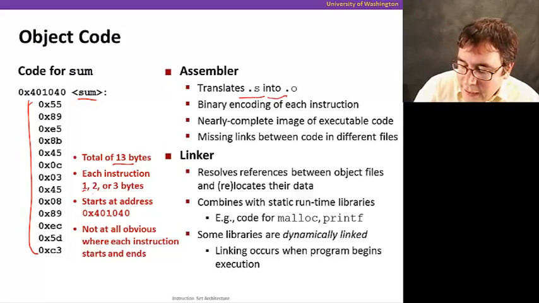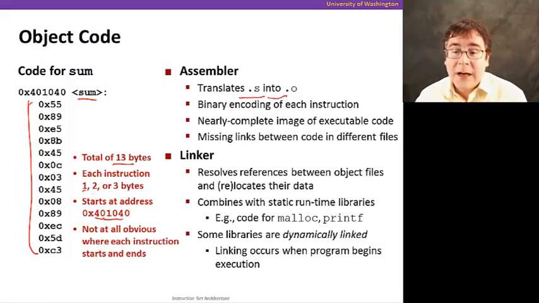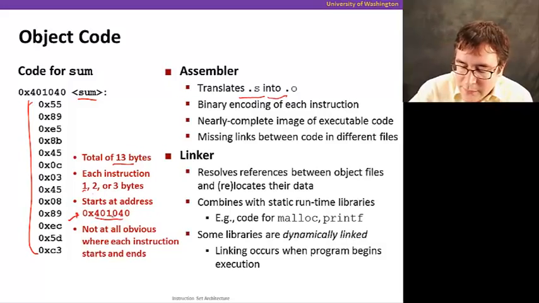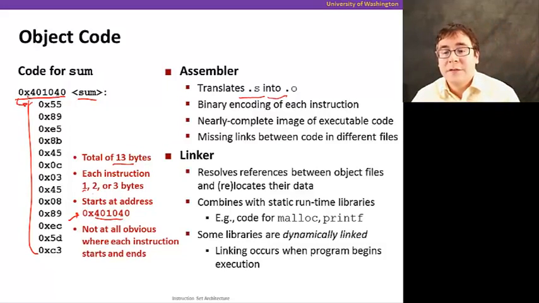This also says that the code is located in memory starting at this address, which is the address of the first byte of this function. As you see, it's not obvious where instructions start and end because they have different sizes, and you have to decode them in order to understand what they do.